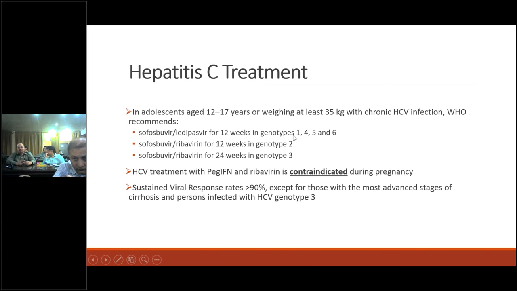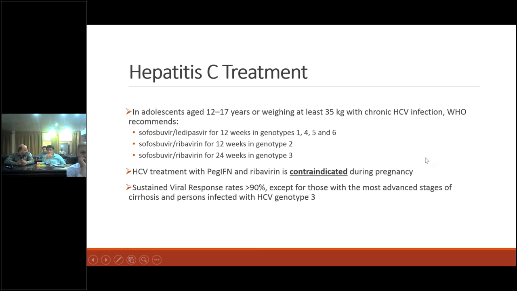Intravenous or intranasal drug use, and incarcerated patients. Again, same as for hepatitis B, this is not transmitted by saliva or tears or sharing utensils for eating, or sharing towels. Yeah, it has to be blood with blood.